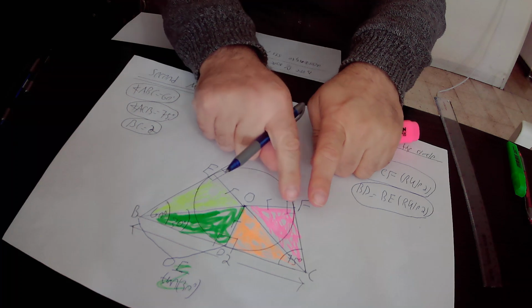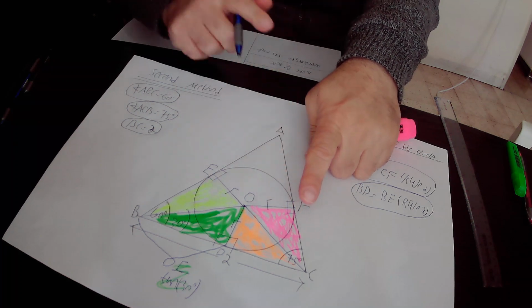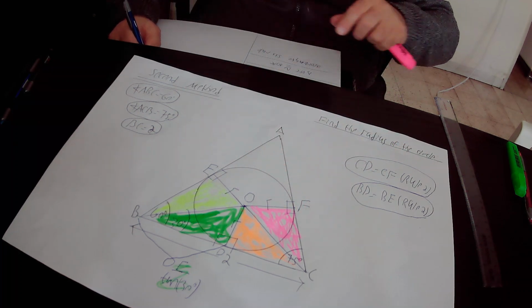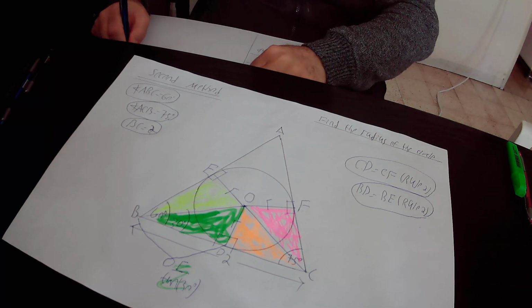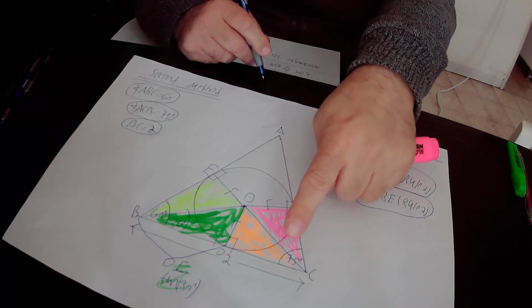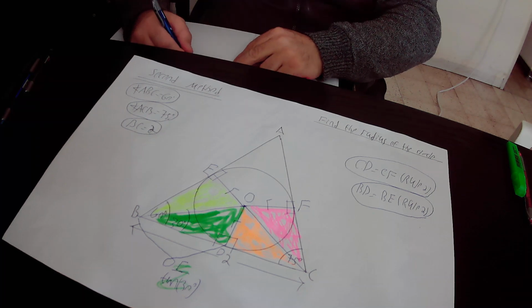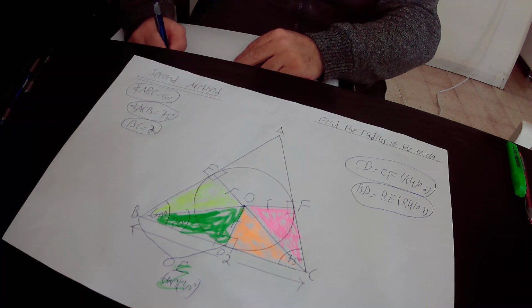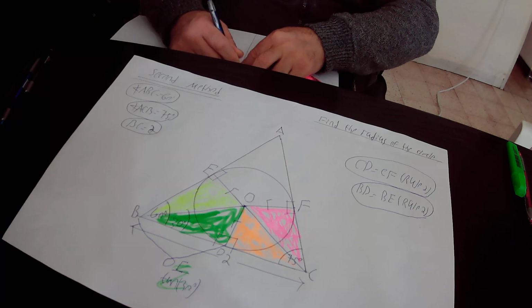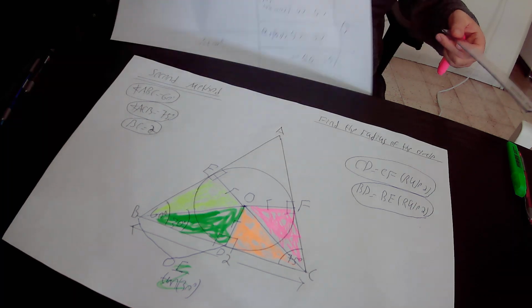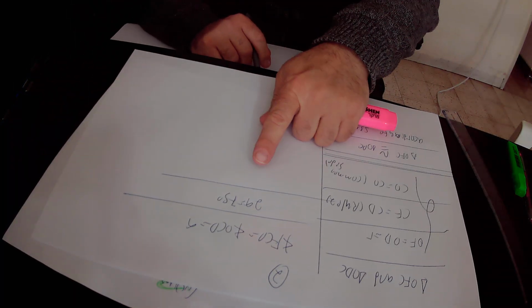So if we define one of those two angles as alpha, then the other angle must also be equal to alpha because they are equal to each other. So alpha plus alpha equals 75 degrees. That is to say, 2 alpha equals 75 degrees.